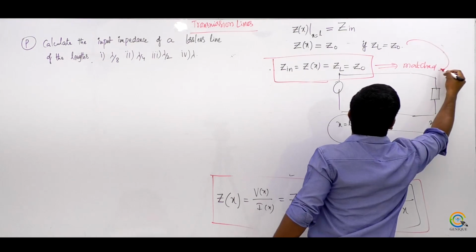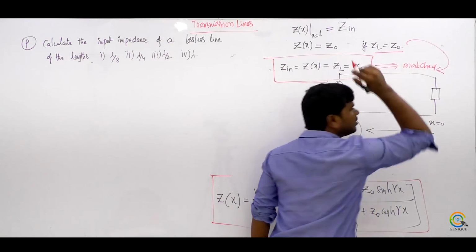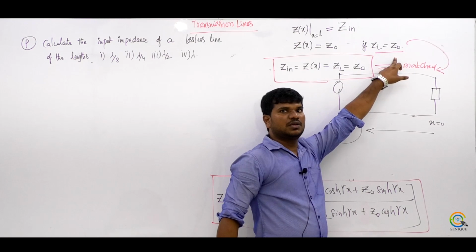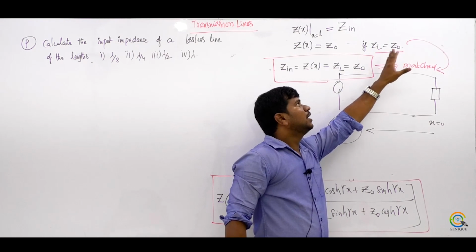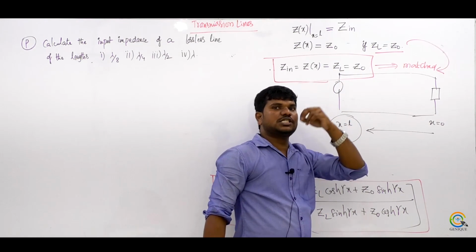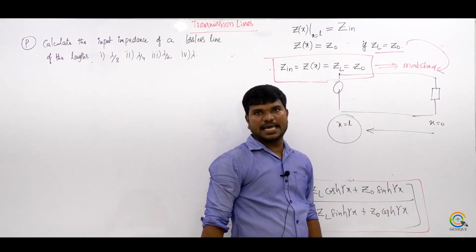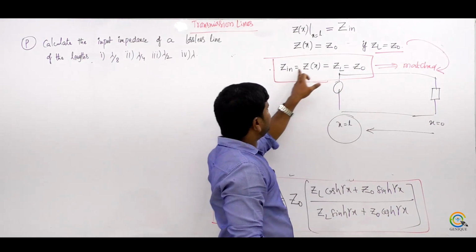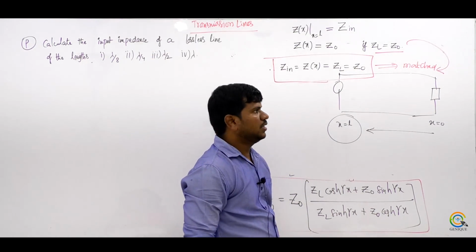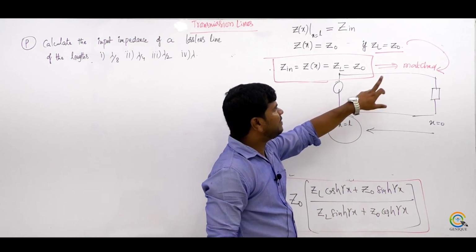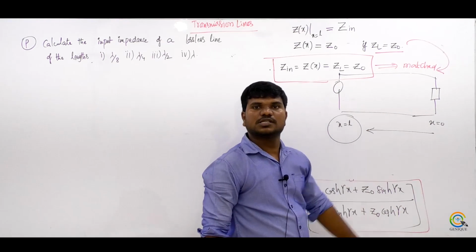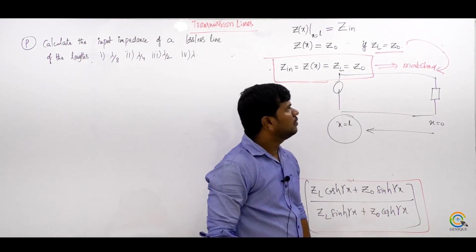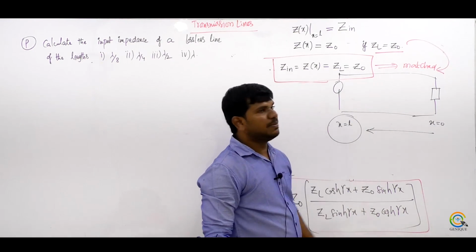If you bring any load which is equivalent to the Z0 of that line, that will make all of this equal. That means the impedance anywhere on the line will become the same, equivalent to Z0. This is called the matched condition.